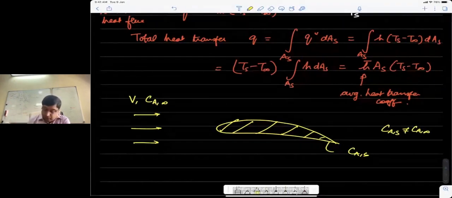Okay, so we can write the mass flux in a very similar way here.